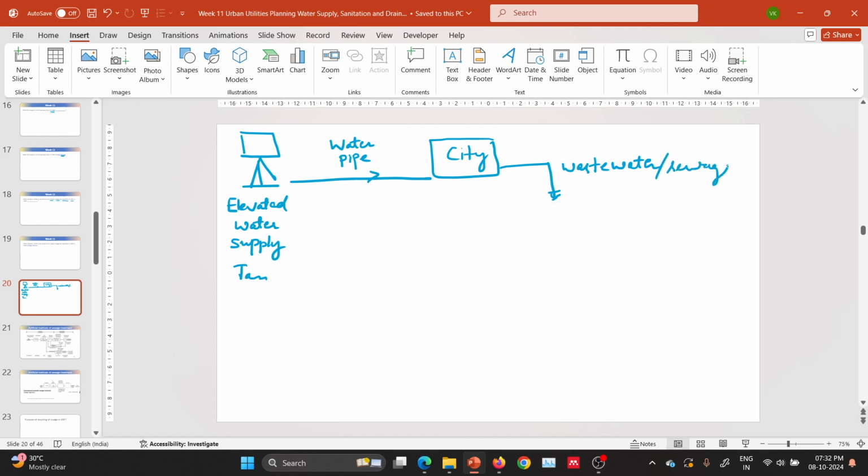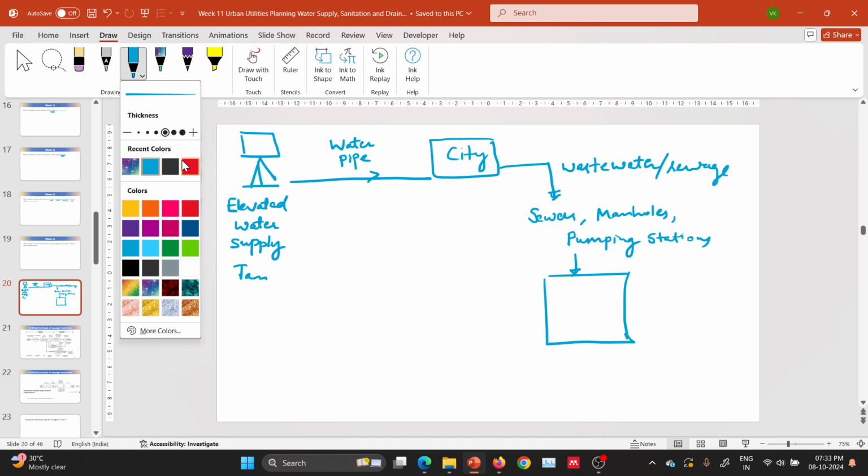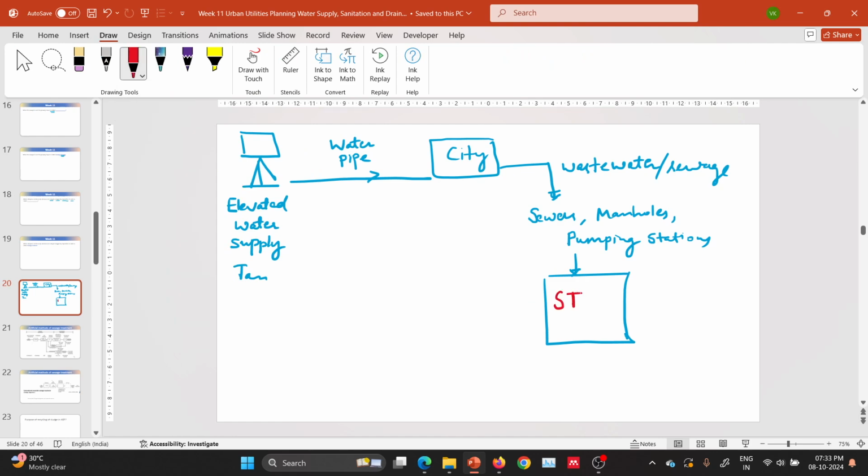Sewage, and that sewage will be carried with the help of sewers, manholes, and pumping stations, and from those pumping stations, after passing through all this, it will go to the sewage treatment plant.